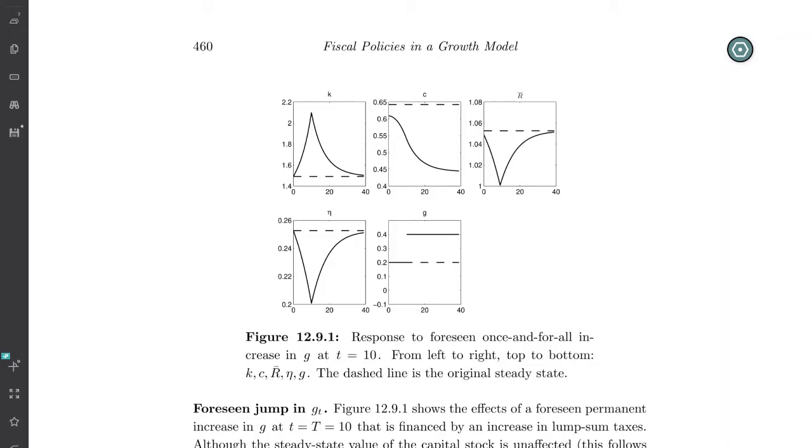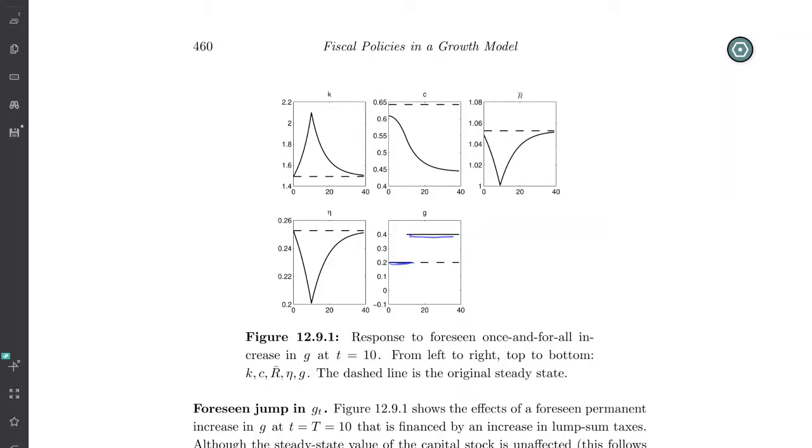Okay, so the dotted lines are the steady state, and we know how we computed that. We could pre-compute this. The dotted line was the initial steady state, and then what happens here is that's our graph. Government expenditures take a jump, and then what do we know?